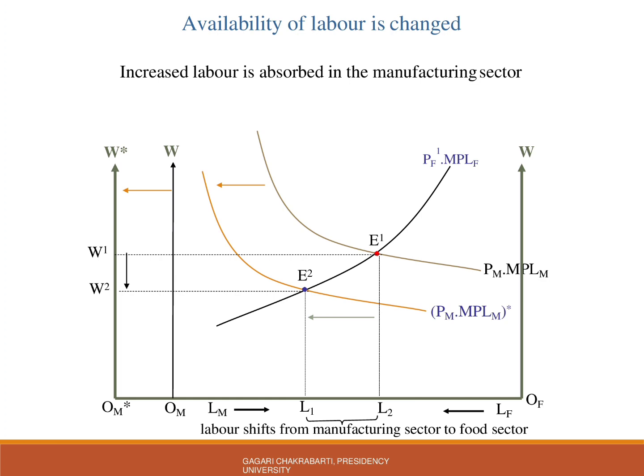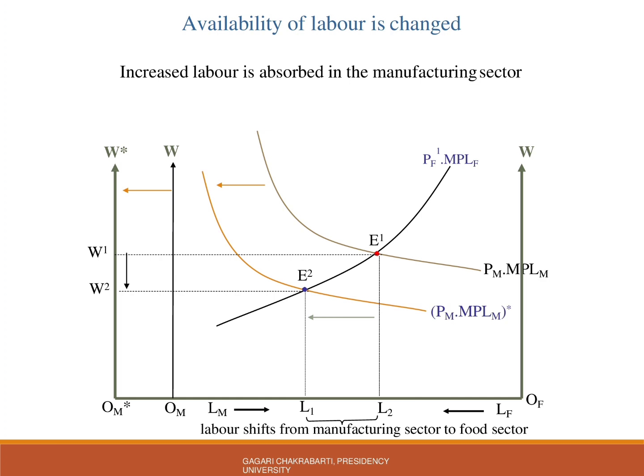So as the increased labor goes to the manufacturing sector, the OM will be shifting towards left. So therefore PM is not changing, MPL M is not changing, but the VMPL curve is shifting towards left to PM MPL M star. So therefore equilibrium changes from E1 to E2, wage rate falls from W1 to W2.